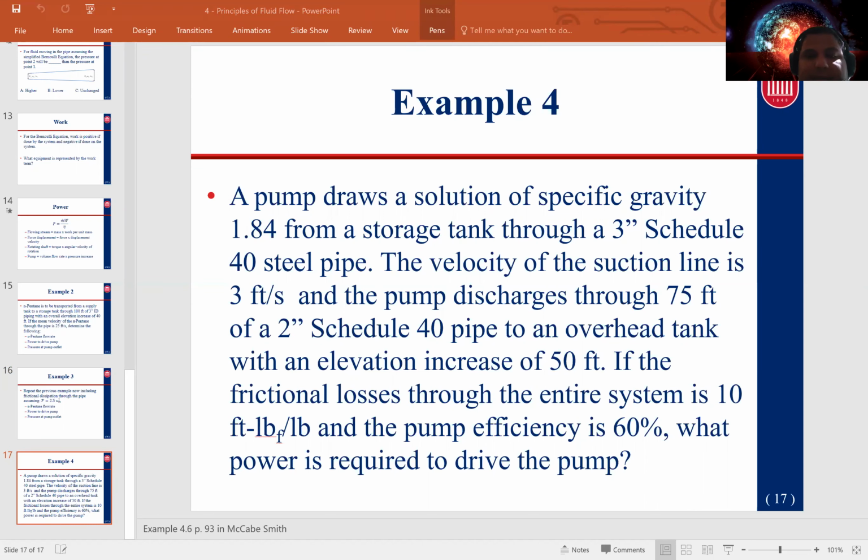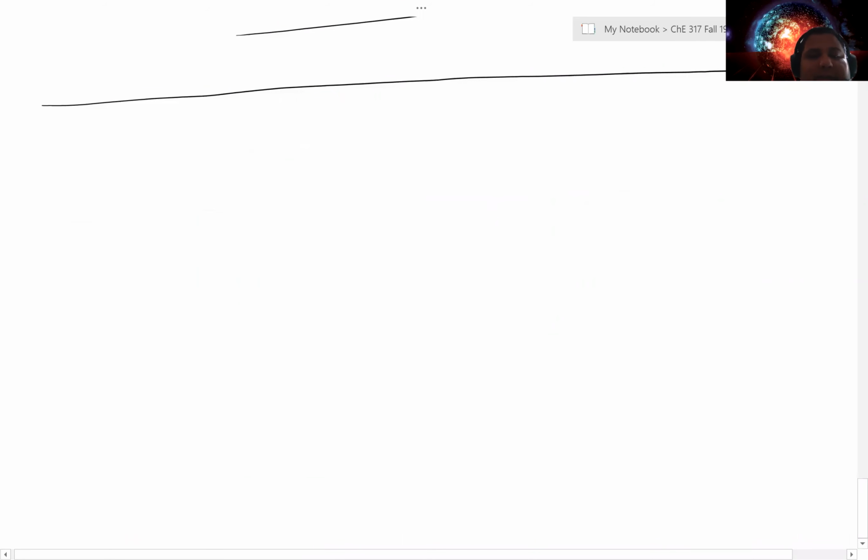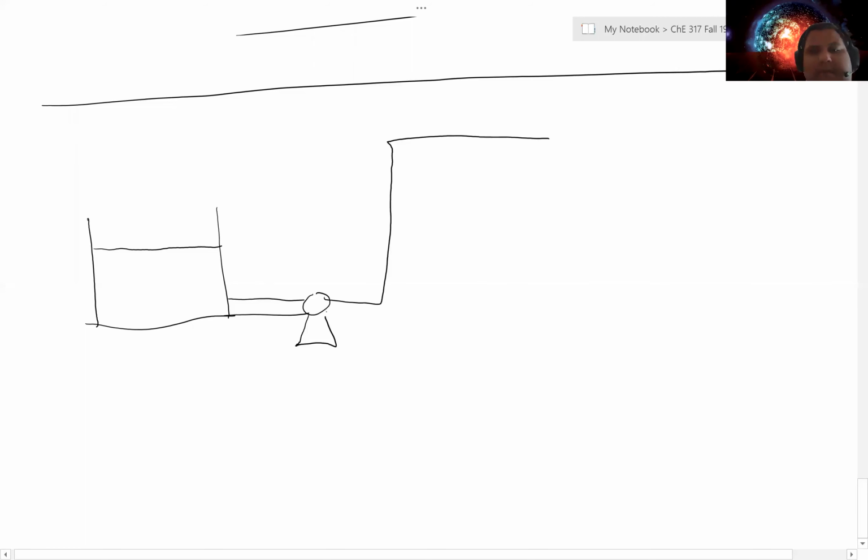All right. As always, one of the things I would recommend is doing another drawing. So we have fluid, we have our pump, and we have our discharge to our second tank.